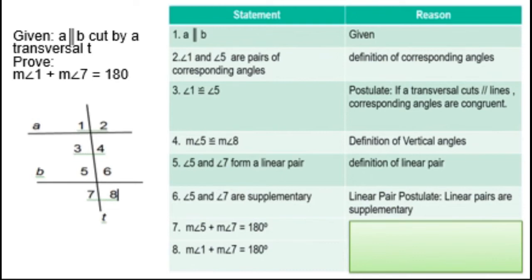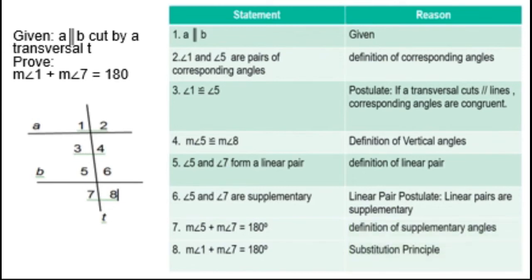And the reason is definition of supplementary angles. Therefore, we conclude that measure of angle 1 plus measure of angle 7 is equal to 180 degrees. The reason is substitution principle.